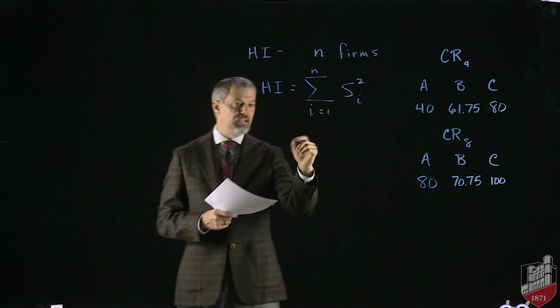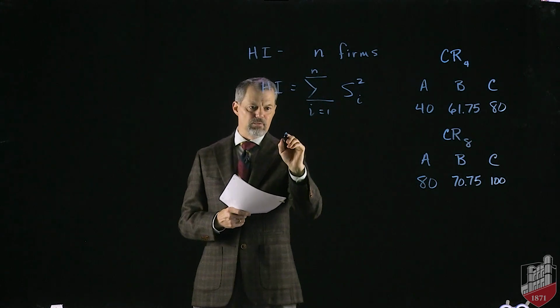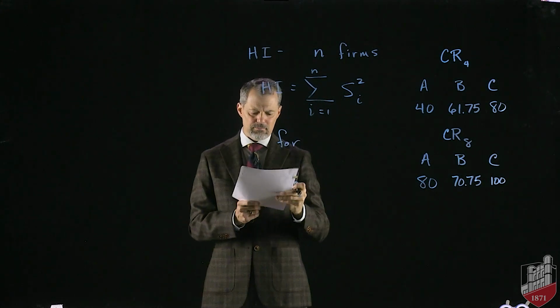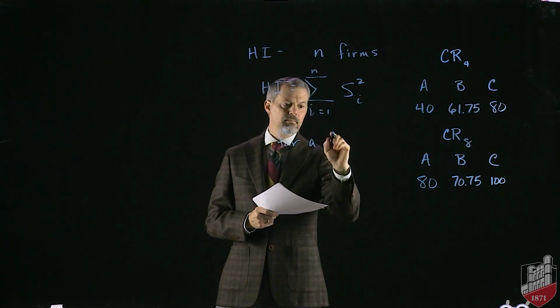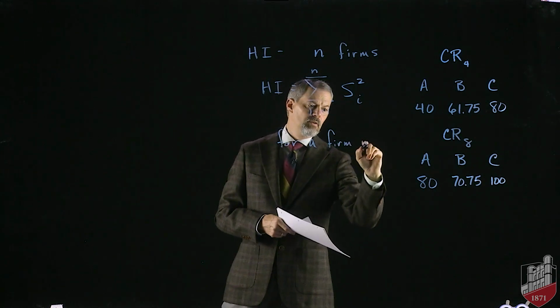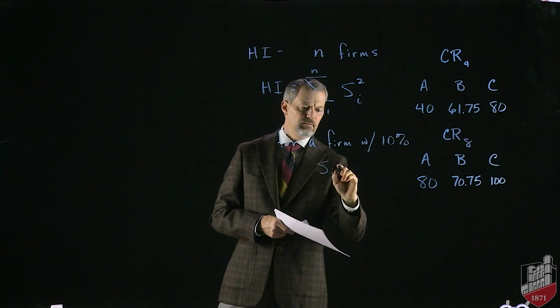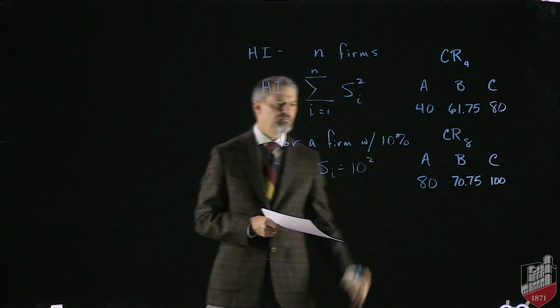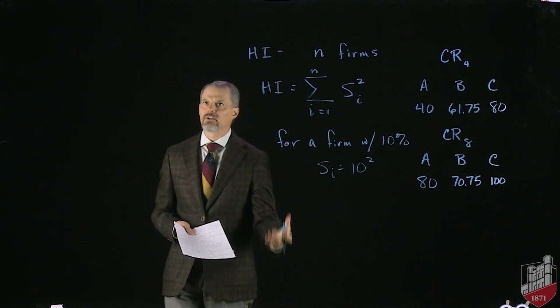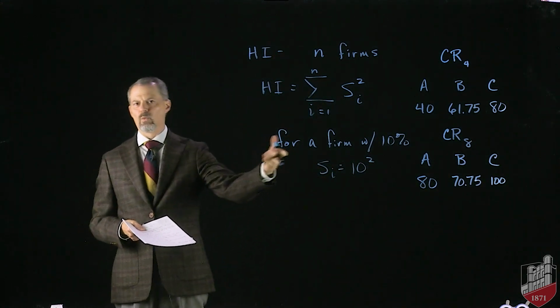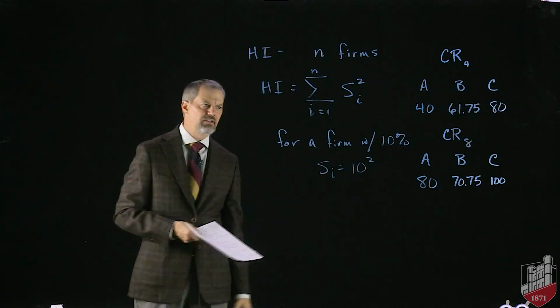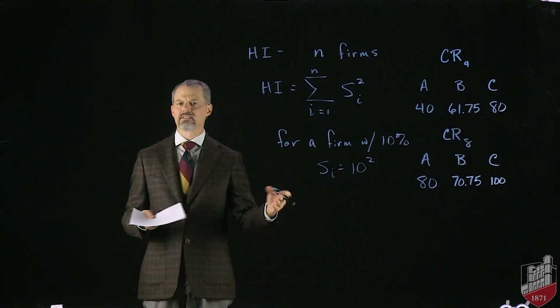So let's do an example for a firm with 10%, s_i would be 10 squared. You could also calculate that as 0.1 squared. We could put that to a decimal instead of a percent. Doesn't matter.